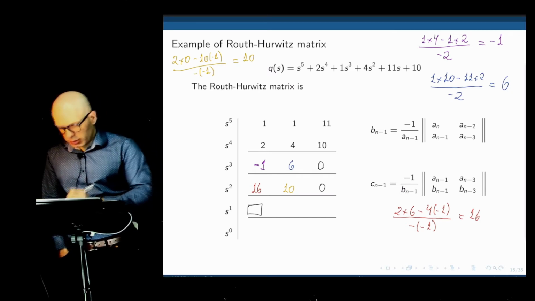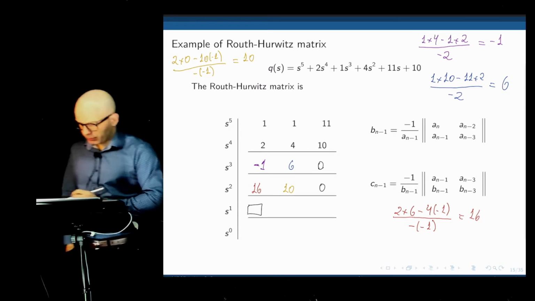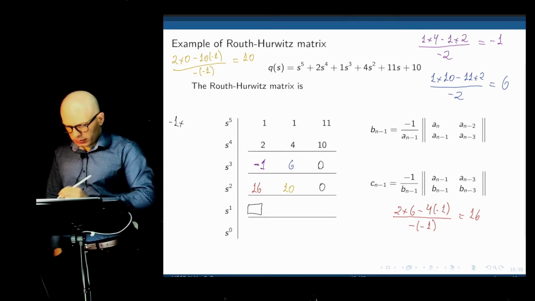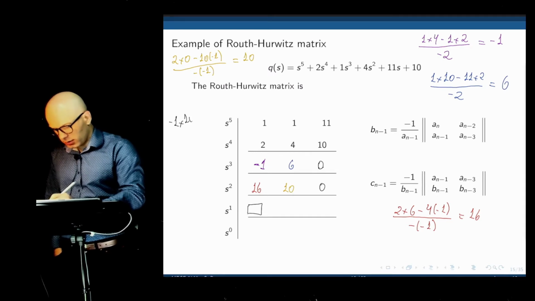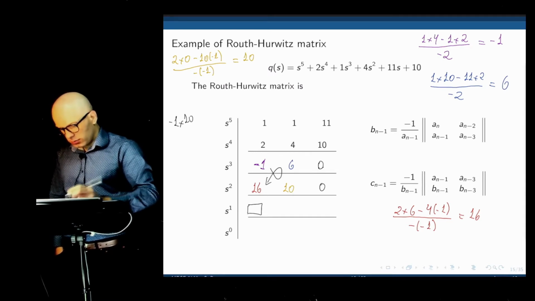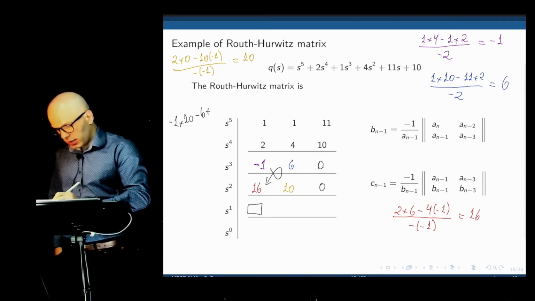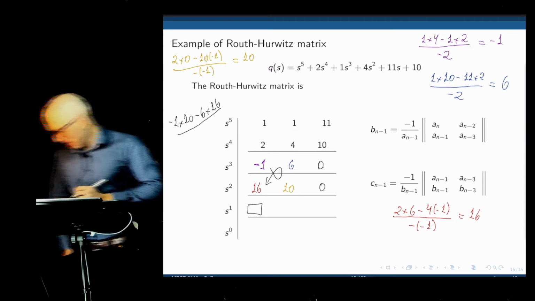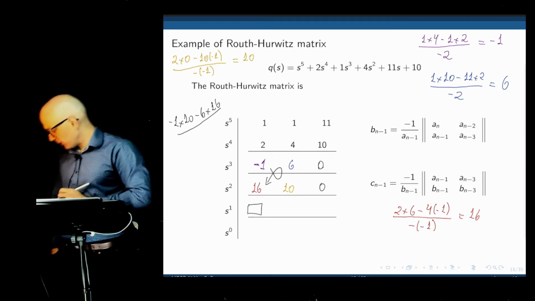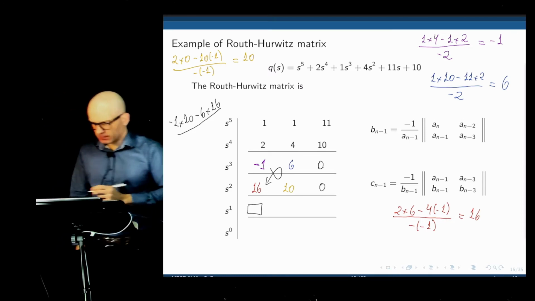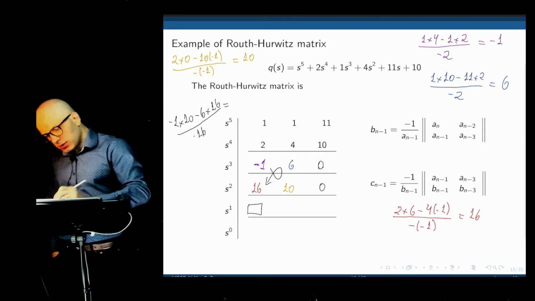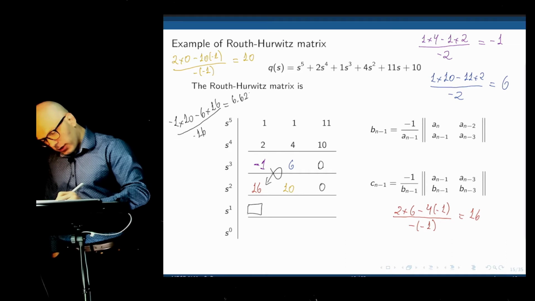What is this one here? It's -1 times 10 minus 6 times 16 divided by -16, which is 6.625.